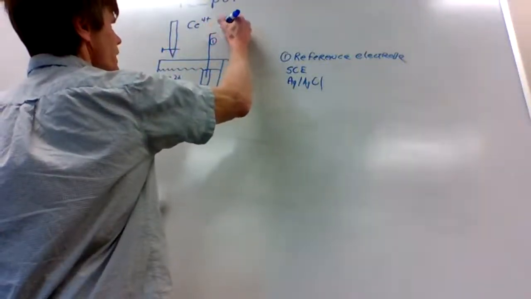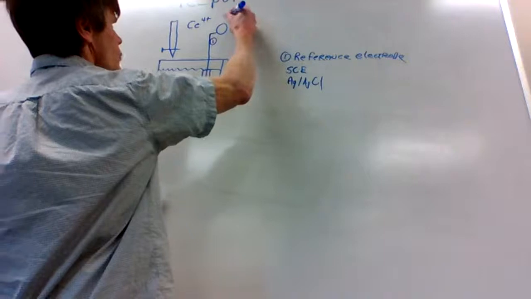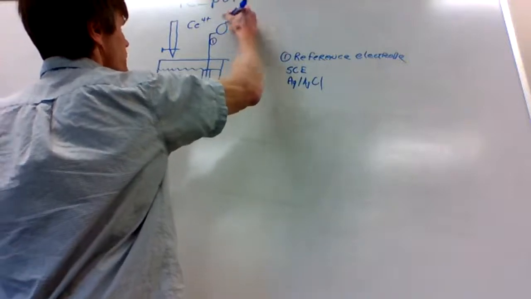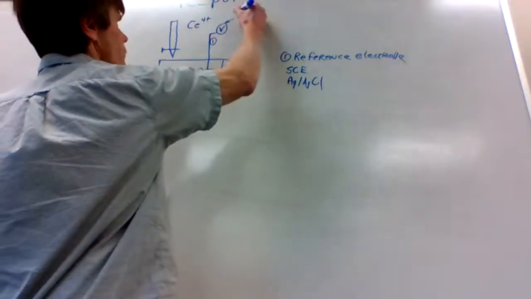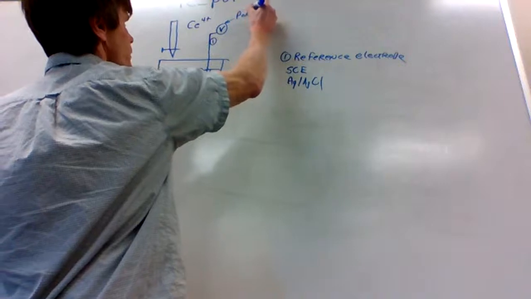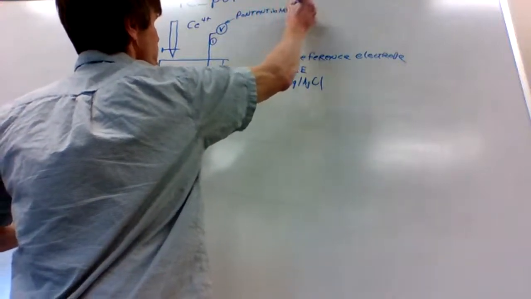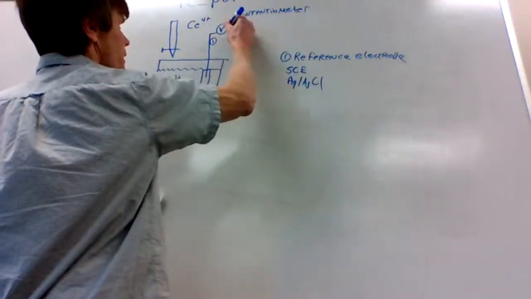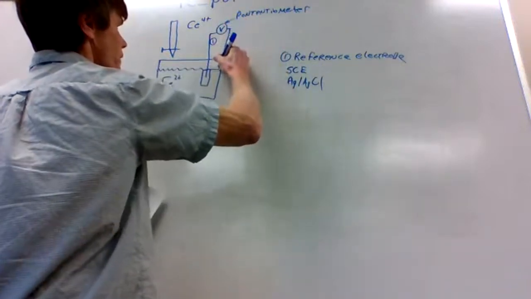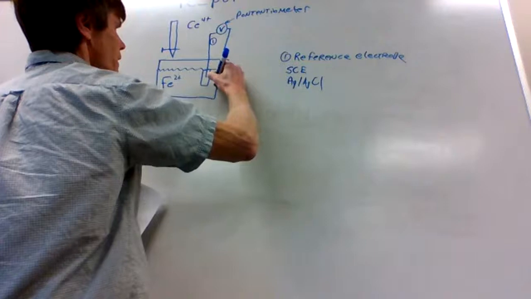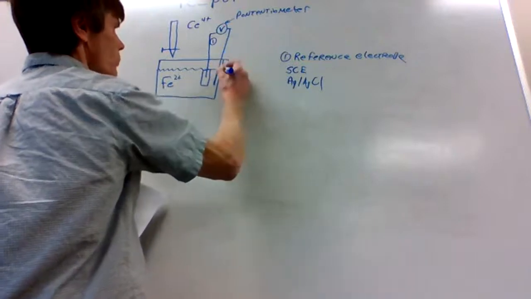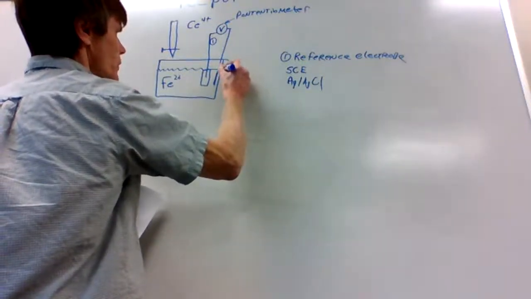We're going to have this connected with a wire to a voltmeter or a potentiometer. So there's our potentiometer. It's going to be connected to another wire down here, and we'll put that as number 2.